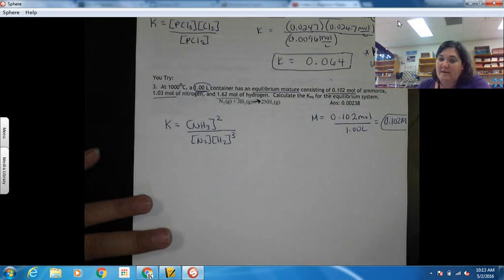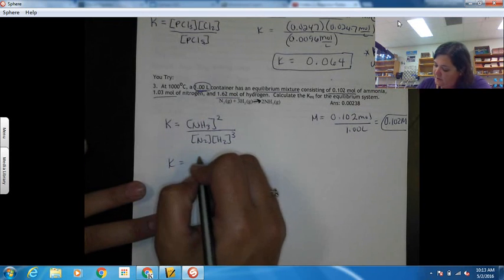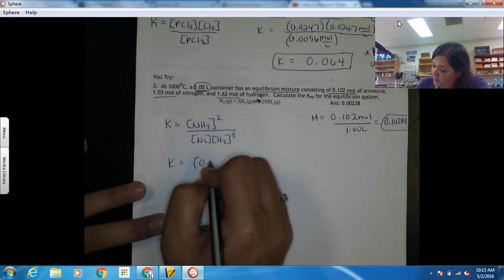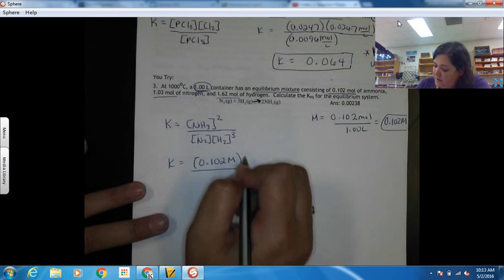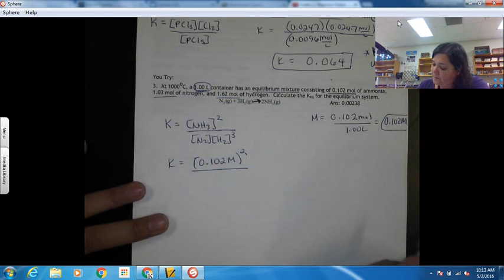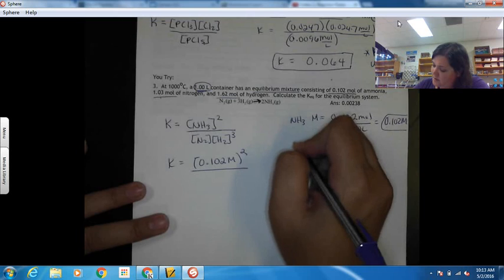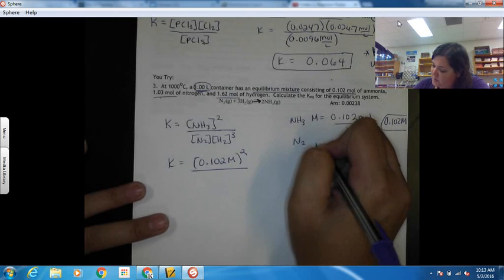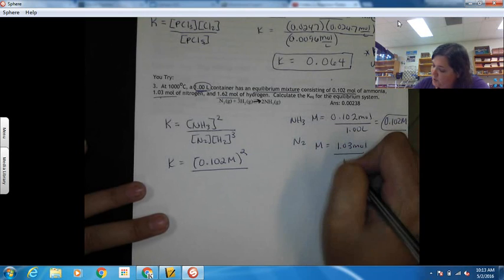Okay, so we can then plug that in for ammonia. So K would be equal to 0.102 moles per liter, or molarity, squared. And the same will be true for the others, right? So this is the ammonia. And then the nitrogen, its molarity would be 1.03 moles per 1 liter.